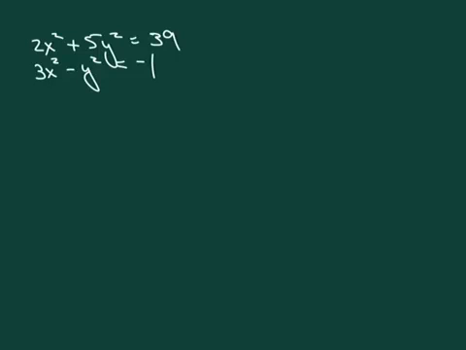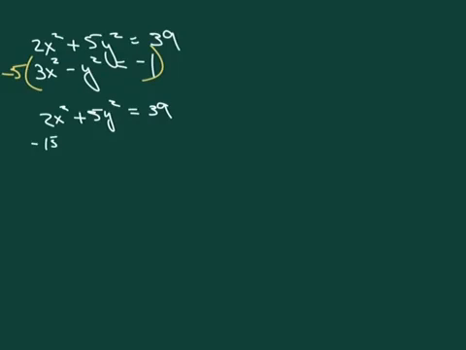I guess probably the easiest thing to get rid of would be the y's, because I can just multiply this by a positive 5, and that'll make this a negative 5, so it'll cancel there. So let's multiply it by negative 5. So when we do that, we have 2x squared plus 5y squared equals 39.